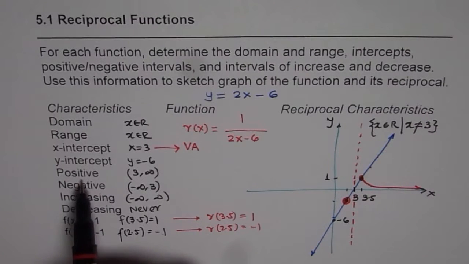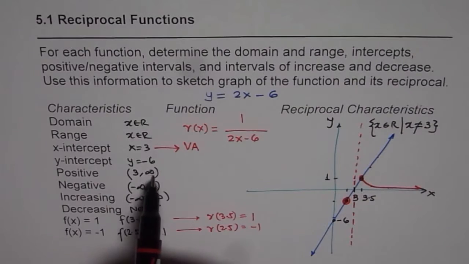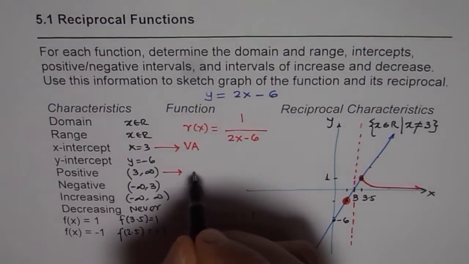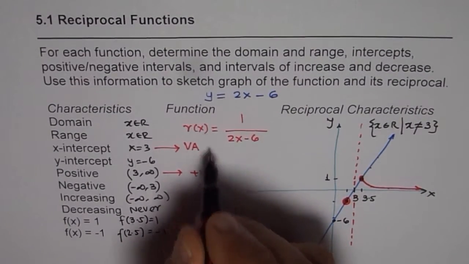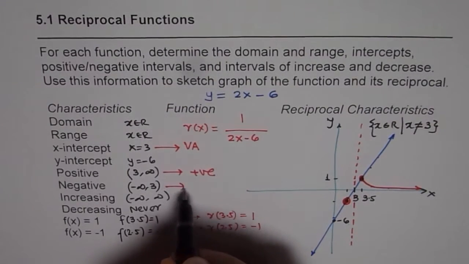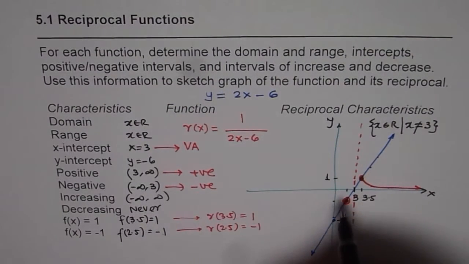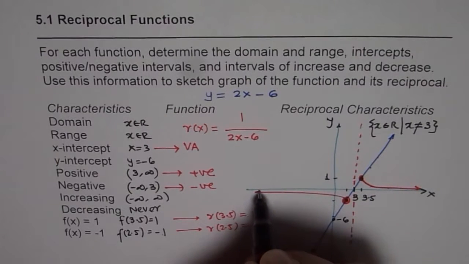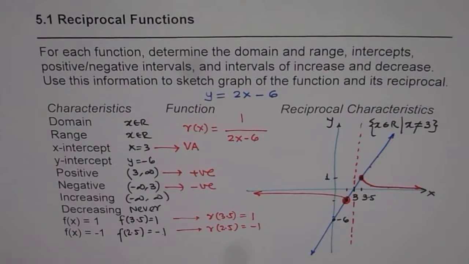So what we understand here is that it is positive between 3 and infinity, so here also we will have a positive reciprocal. The reciprocal of a negative will be negative. So here we have negative values, right? As the function becomes higher and higher, the reciprocal becomes lower and lower, a more negative value, correct? So that is the kind of function we are going to get.